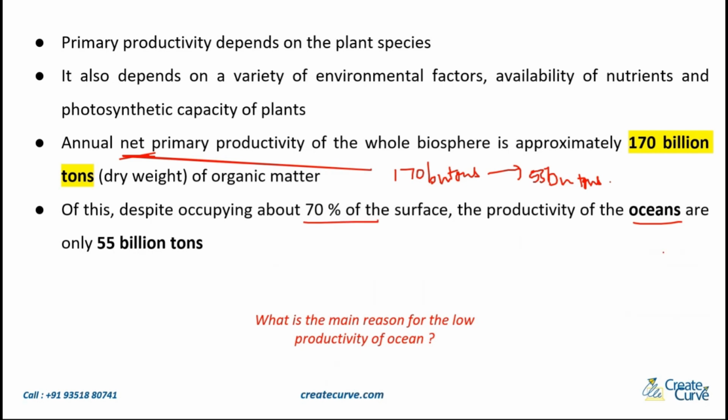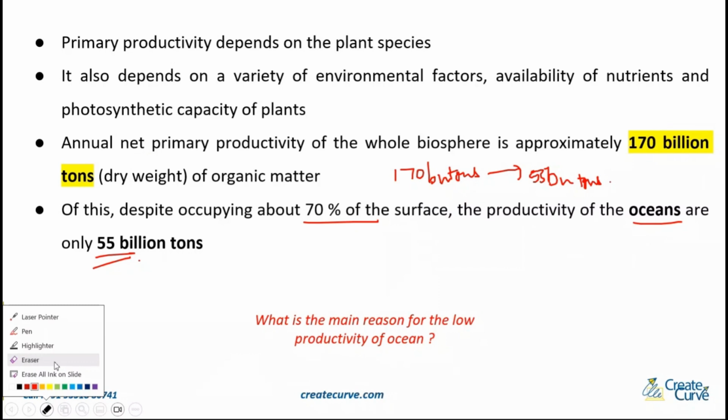There's more water on the earth than land, 70% of the earth is covered in oceans or water. Then why is the contribution so less towards organic matter? Why is it only 55 billion tons out of 170? What is the main reason for low productivity of the ocean? They occupy the majority of the surface of the earth, but they're producing very little organic matter.